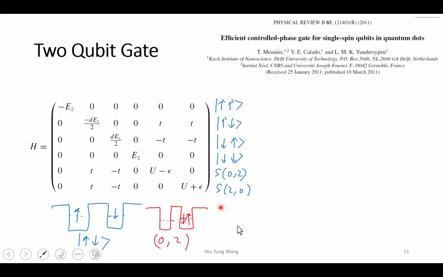In quantum computing, we don't want to operate on this state, but we are borrowing this state to realize the control NOT gate. This is similar to neutral atoms, which we might discuss later. They borrow the Rydberg state to do the entanglement gate.